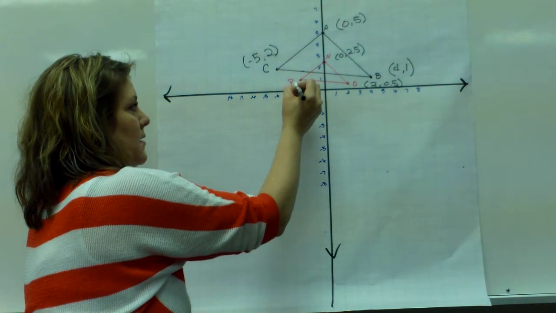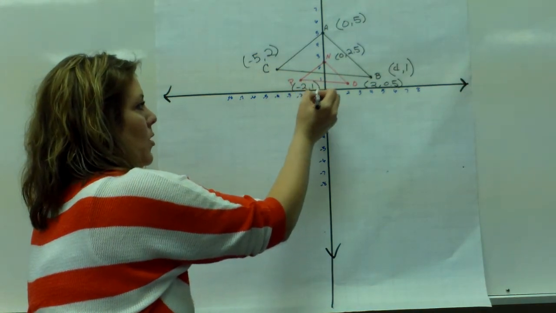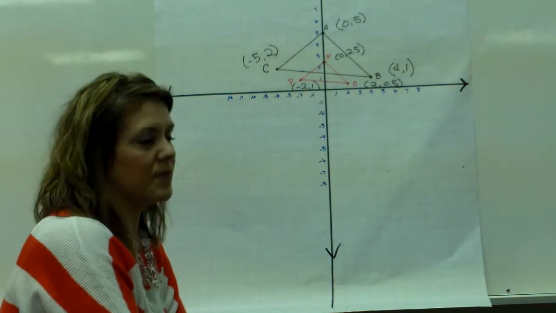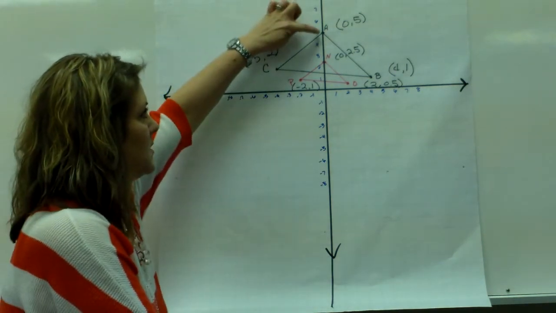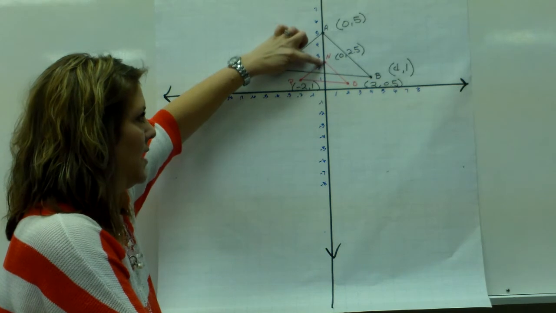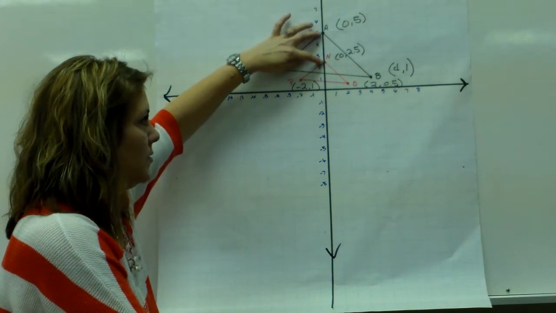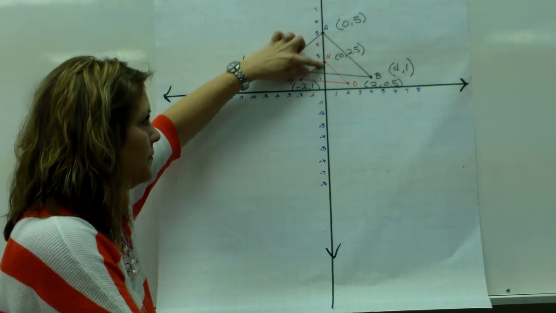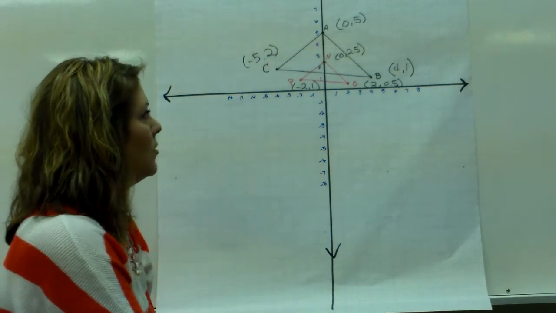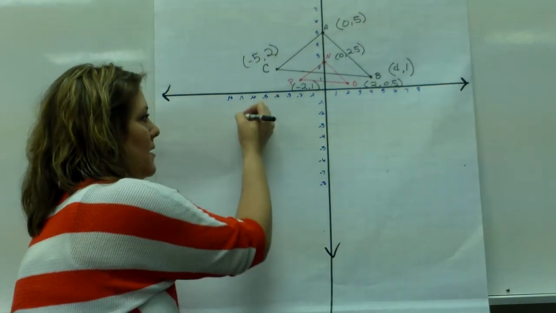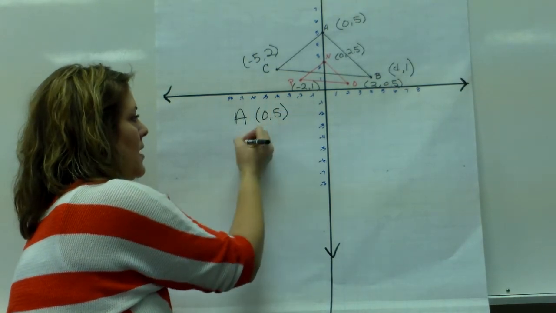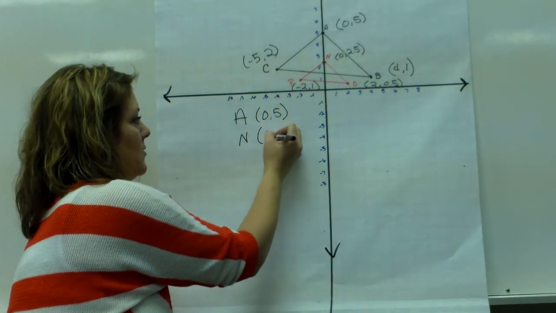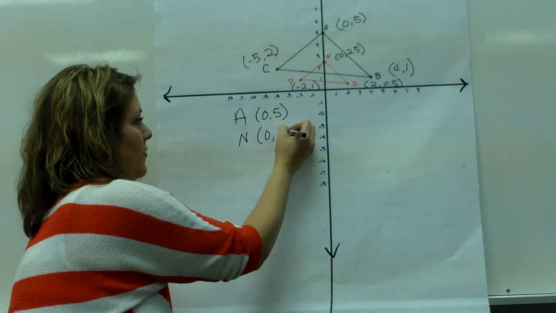P is at (-2, 1). So to find out if these are proportional, we can make ratios with their ordered pairs. For instance, we have A and N. Those are corresponding angles. They're in the same location in the triangle. So we've got A at 5, and we have N at 2.5.